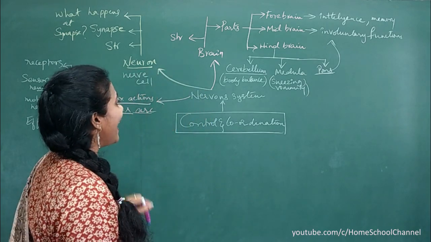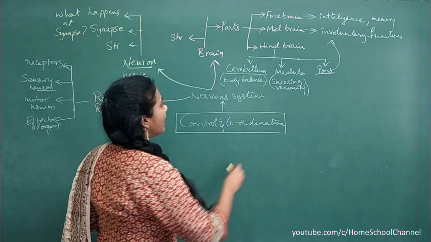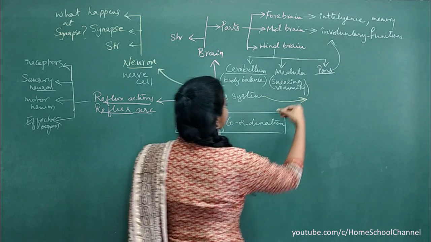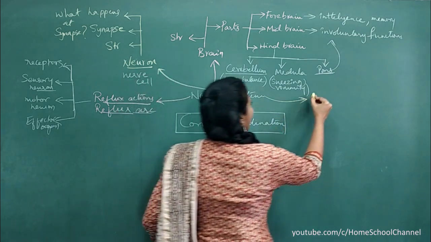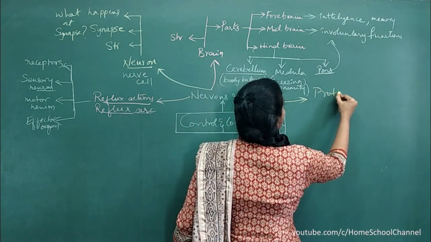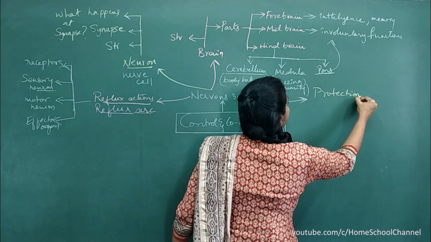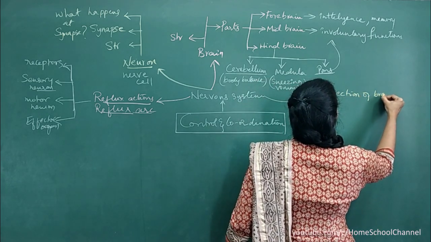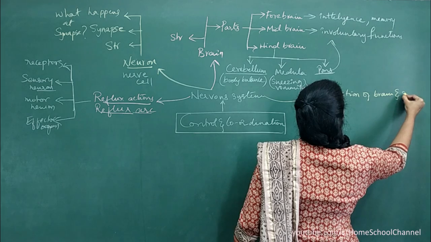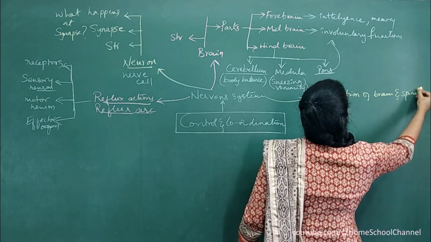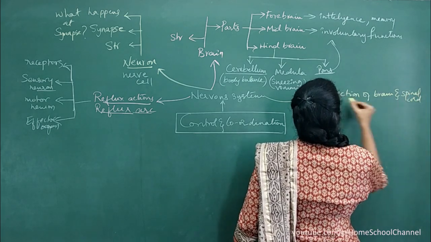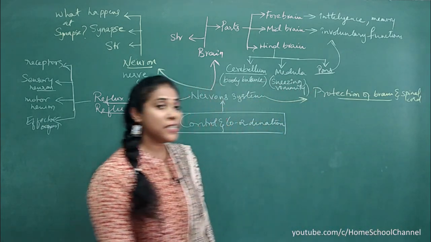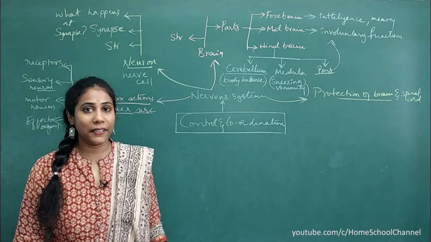Fine. And another important part I don't want you to neglect, that is protection of brain and spinal cord. Even this is an important topic. They would ask you how brain and spinal cord are protected, right?